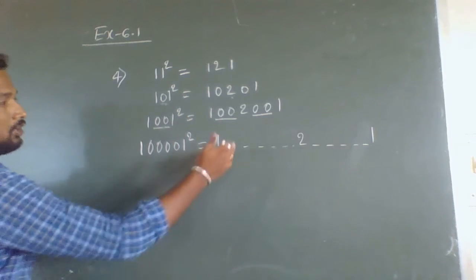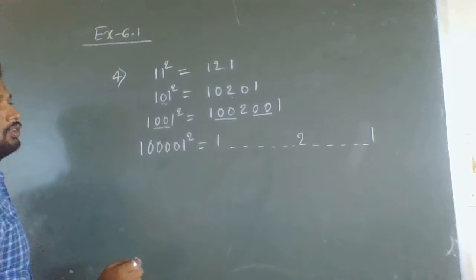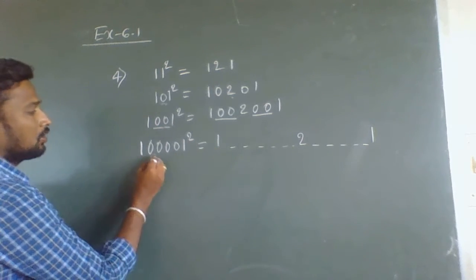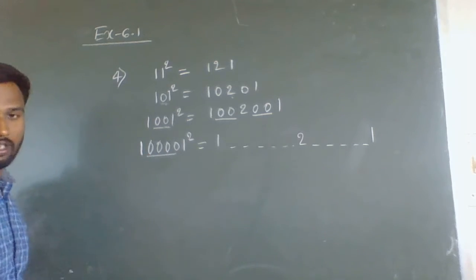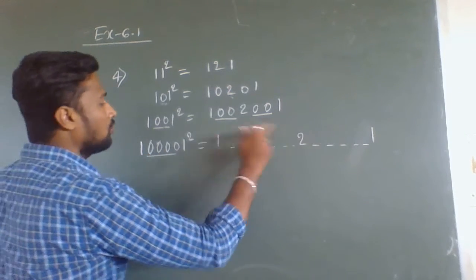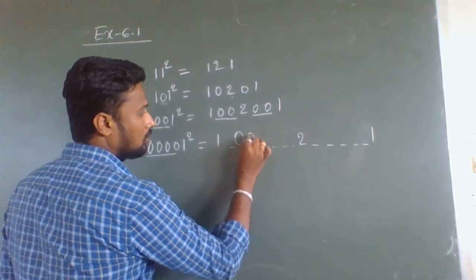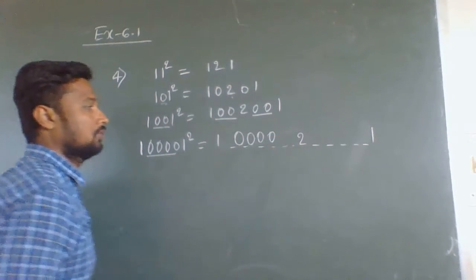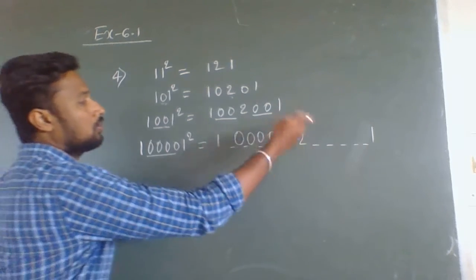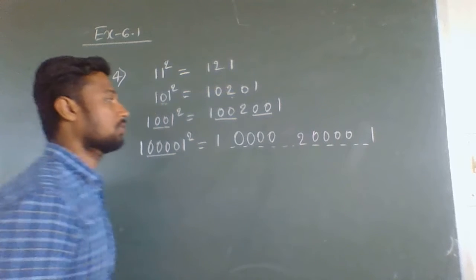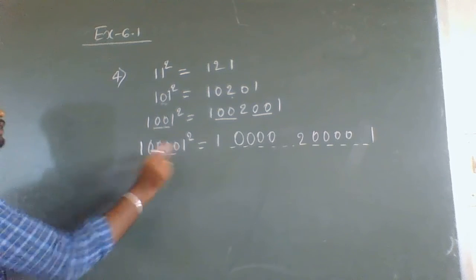So here what we have to write? How many zeros should we write here? Totally there are 4 zeros. So before 2 how many zeros should we write? 4 zeros. 1, 2, 3, 4. Like this only after 2 also we should write 4 zeros. 1, 2, 3, 4. This is the answer.